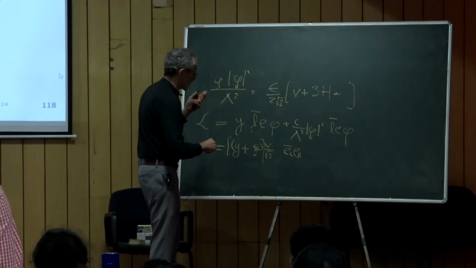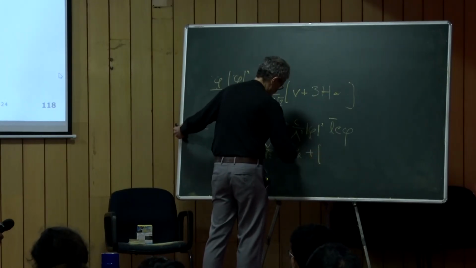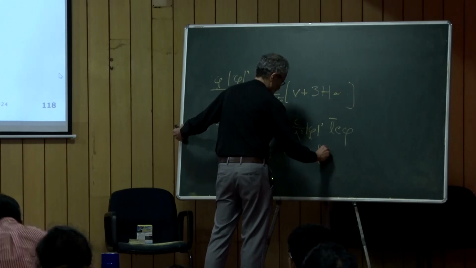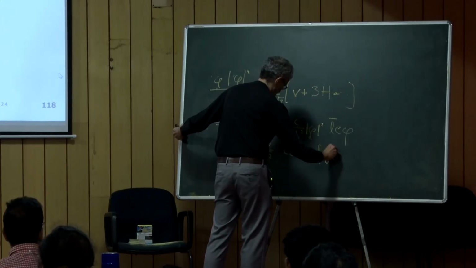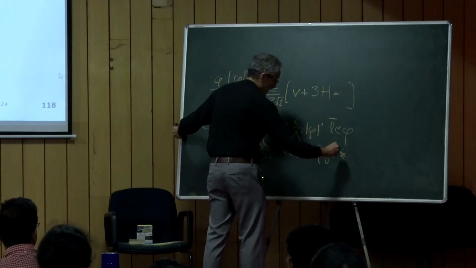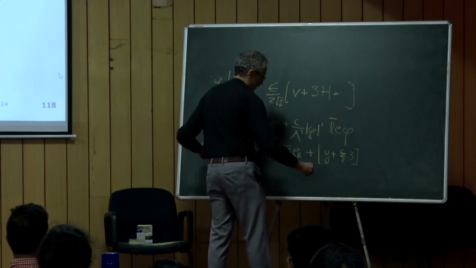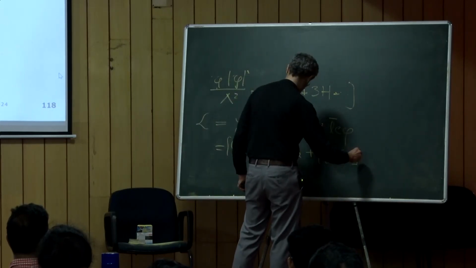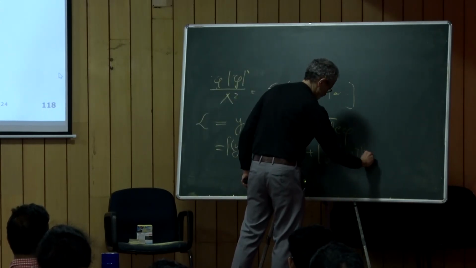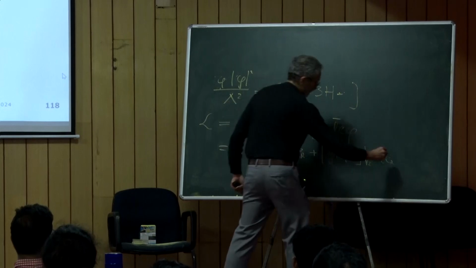And then we have another term that involves the Higgs, and that is Y plus epsilon over 2 times 3 and H over root 2 E bar E. And there are other terms.